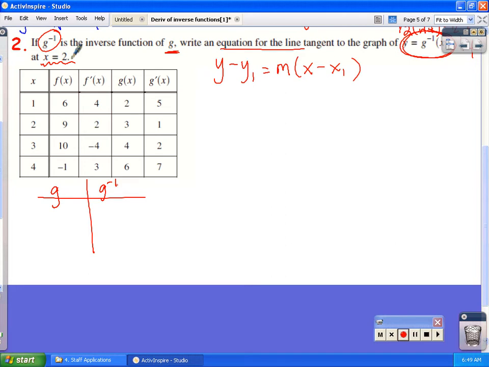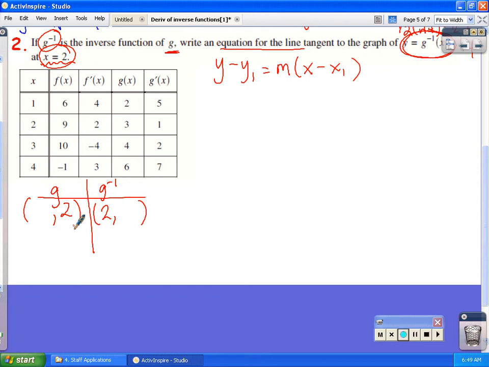The x value, x equal to 2, that's an x value on the inverse function. So I have an x value of 2 and a y value I don't currently know, but I'm going to need that y value to write the equation of the line. On the original function g, even though I don't know what either of these functions is, I have information in the table. So 2 is a y value on the original function.